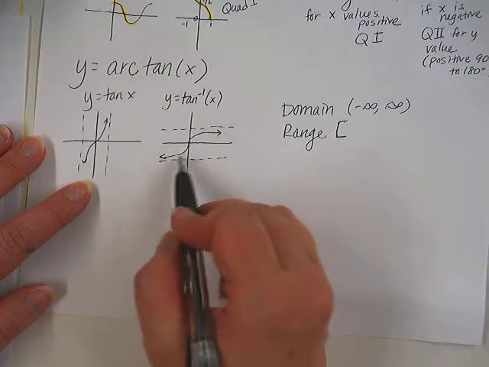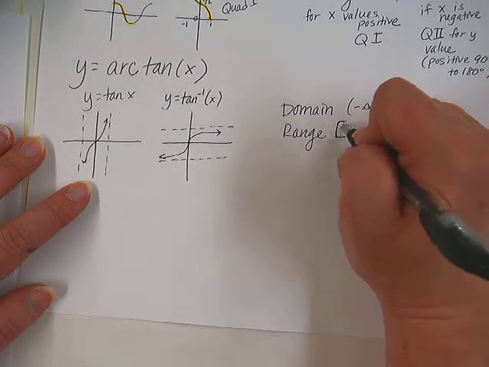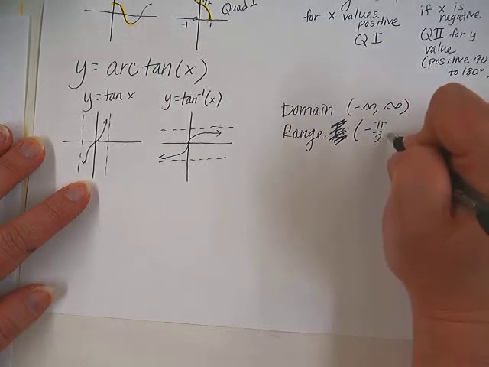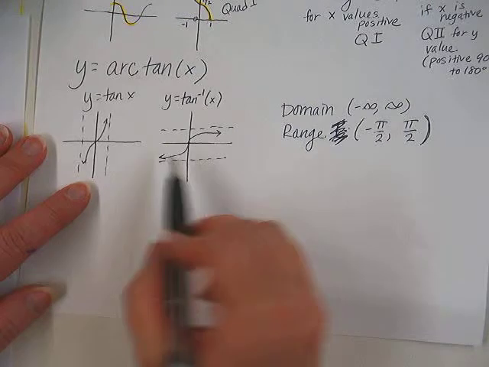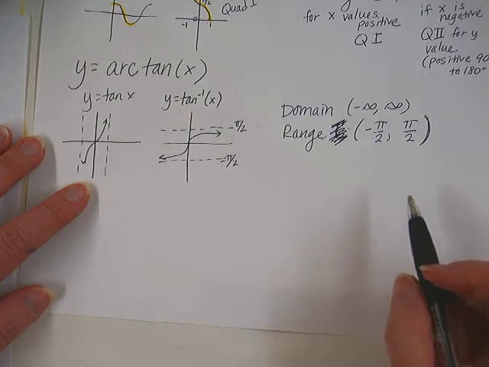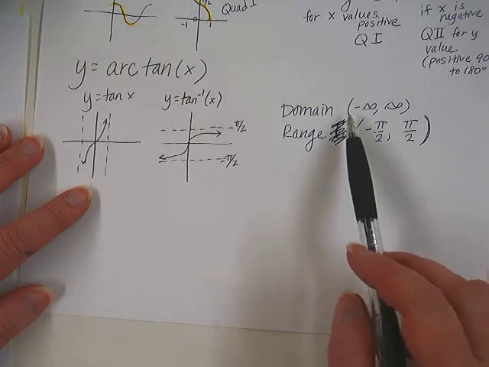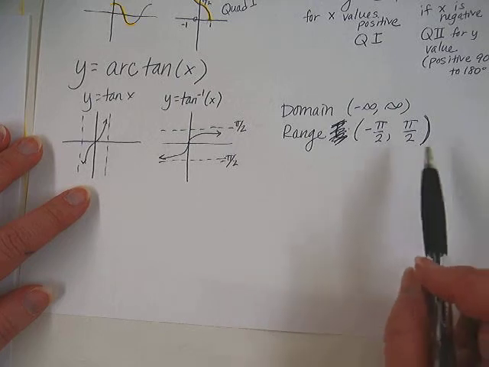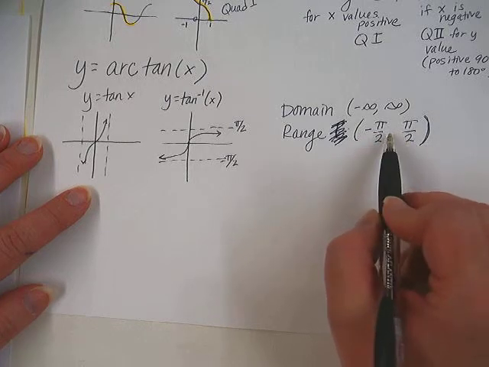And this particular branch goes from negative pi halves to positive pi halves, but I'm not using a bracket this time, because remember how there's an asymptote at pi halves and an asymptote at negative pi halves, so those answers cannot be included. And if we try, there's no way for us to get those answers. No matter what we plug in, which can be anything, our answers will always be between negative 90 and positive 90. Okay, so notice how these are kind of the same values as we had for sine.